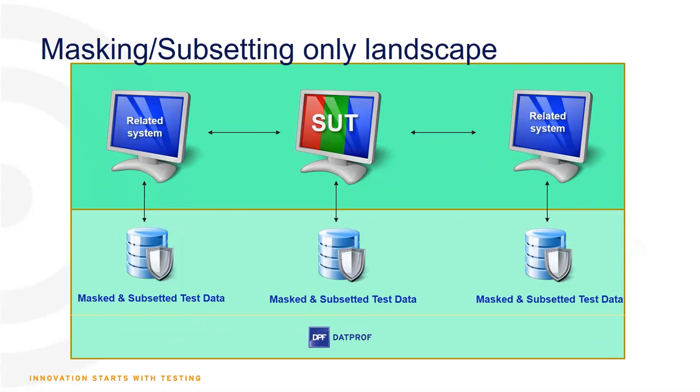In this case, instead of using the production data, we use the DATPROF tooling Subset and Privacy to create a subsetted set of test data, which we can mask or anonymize in order to recreate the production data, which is no longer production data. So it has all the valuable and necessary cases in there without having the actual production data. So all our cases are there, but it can't be related to any person anymore.